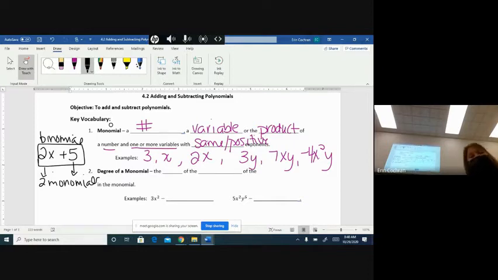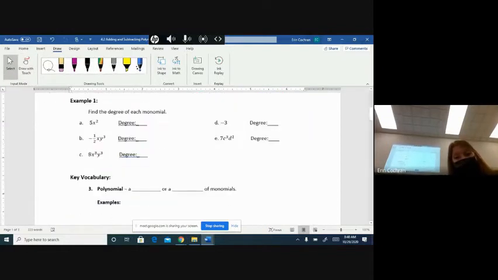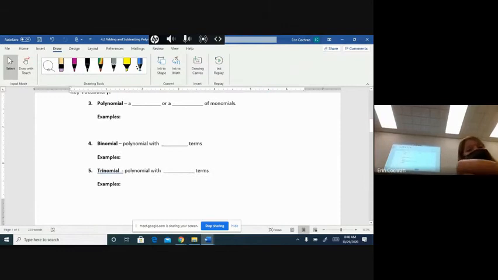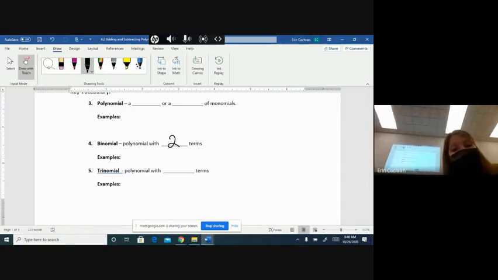Okay, so I'm going to go ahead and scroll down since we kind of talked about that. So a binomial is a polynomial with 2 terms or 2 monomials, right? Terms are monomials. Okay, so would 9x squared plus 3x be a binomial? Yeah, okay, because they're not like terms, right?